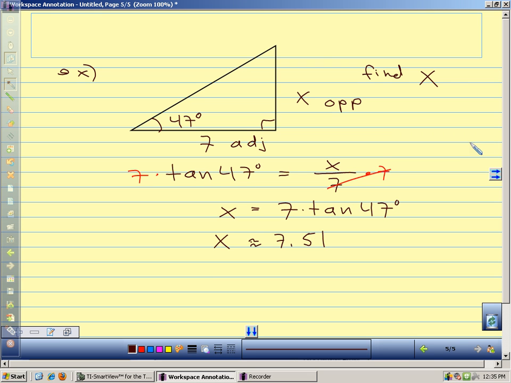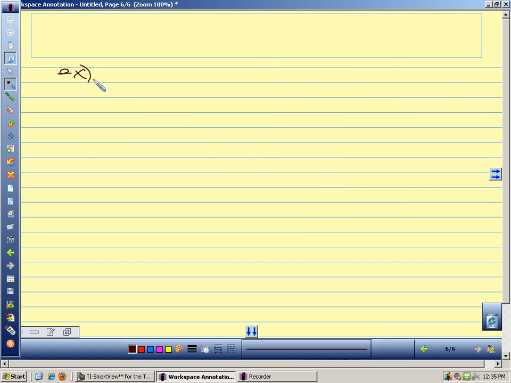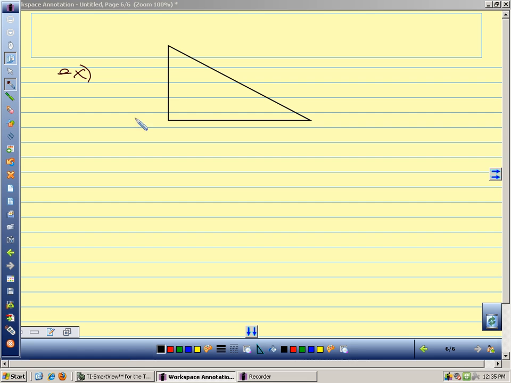Let's look at one that usually people find a little trickier. Is everybody good with this one? All right. So here's my triangle. And this angle is 62 degrees.